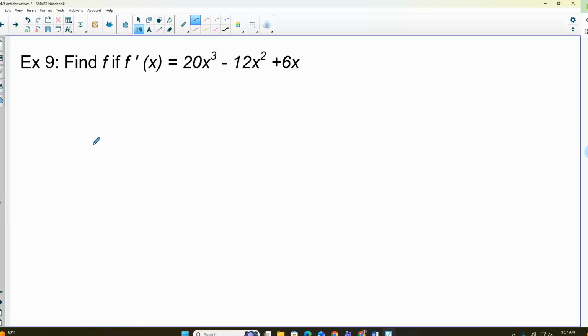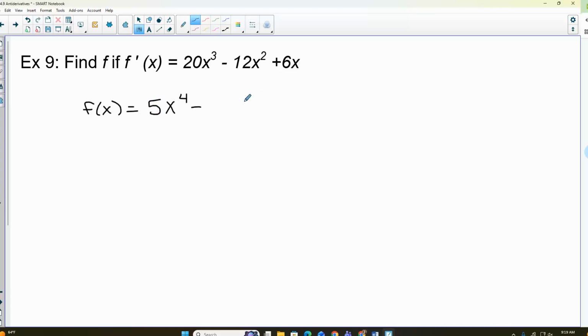All right, you guys try this one. Find function f if f prime is equal to this. Okay, so if we add 1 to the power, that's x to the 4th. So what do you have to have in front? 1/4. Can I go ahead and do 20 times 1/4? So we get a 5x to the 4th.